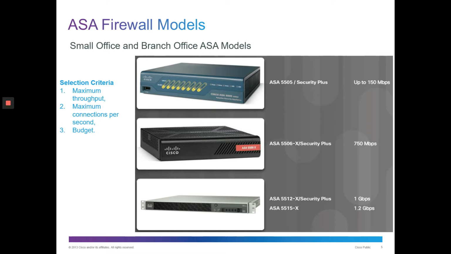They have different prices based on the features they provide and how much bandwidth they support. The selection criteria depends on maximum throughput and connections per second, and then finally budget.